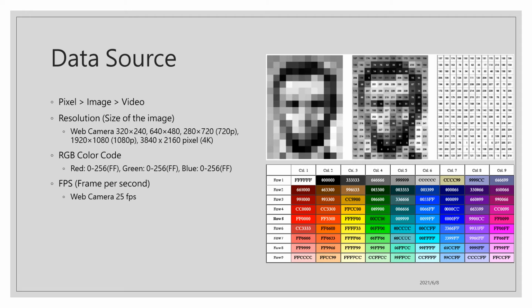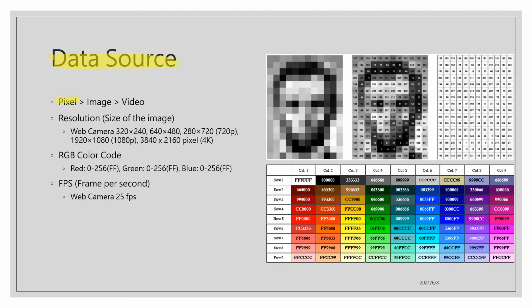There are a couple of terms you need to understand before you go deep. You need to understand what your data source is, and there are lots of terms related to the image. The first one is pixel. A pixel is the smallest unit of your image.